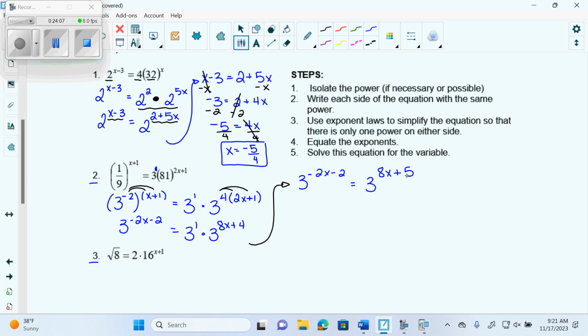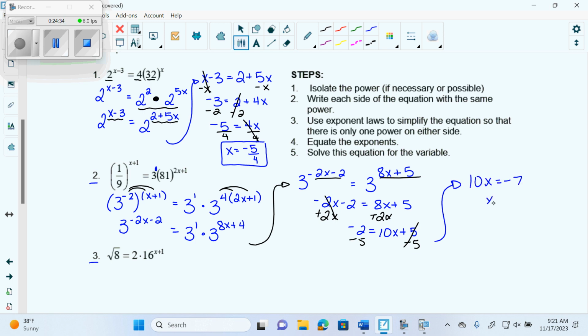And then we have two bases that are the same. So we can go negative 2x minus 2 equals 8x plus 5. And then I'm going to add my 2x. And I get negative 2 equals 10x plus 5. Subtract 5. 10x equals negative 7. X equals negative 7 over 10.